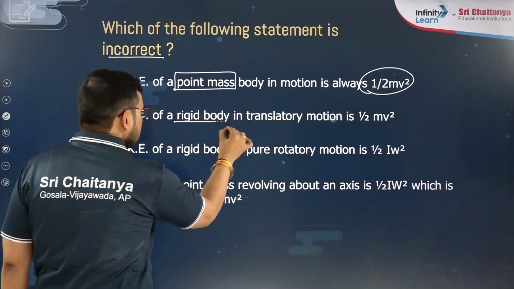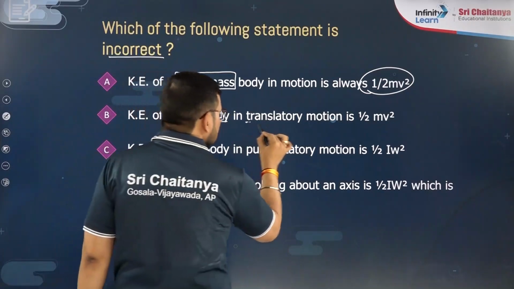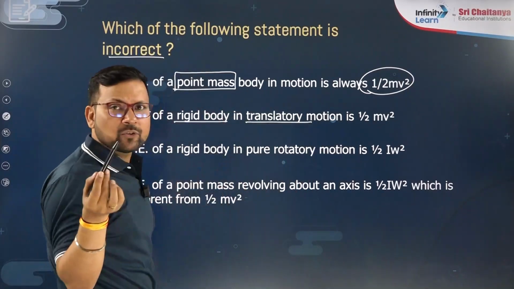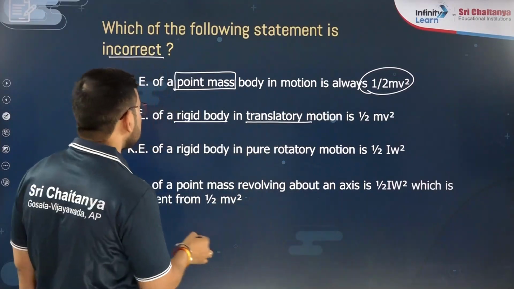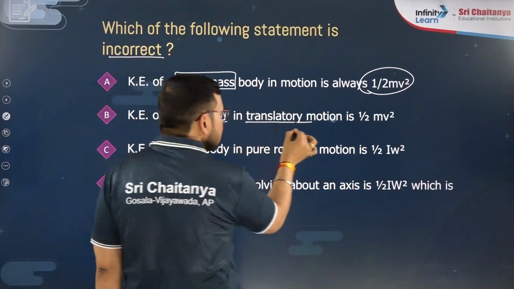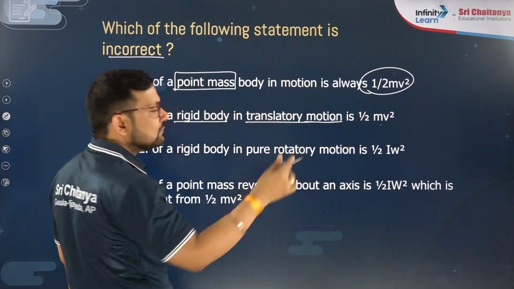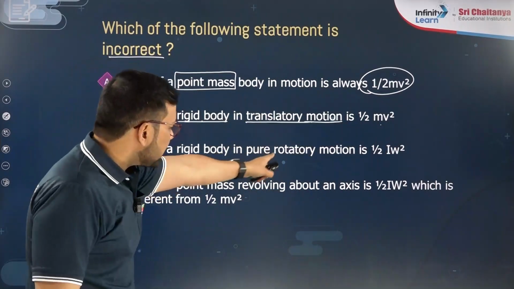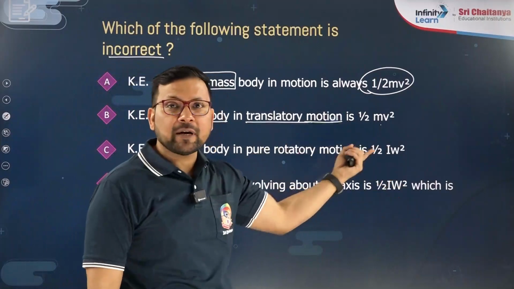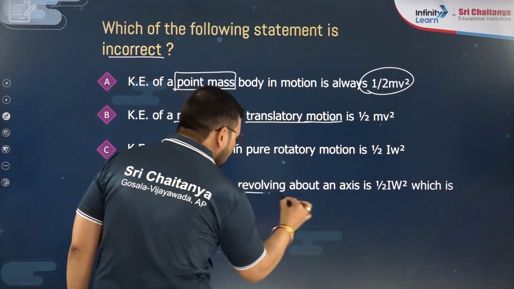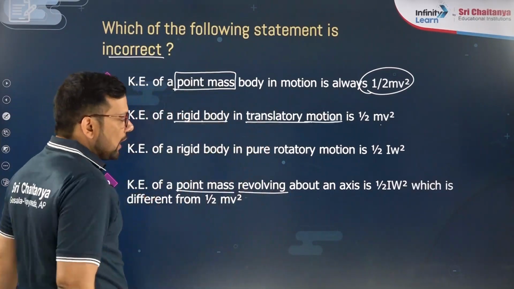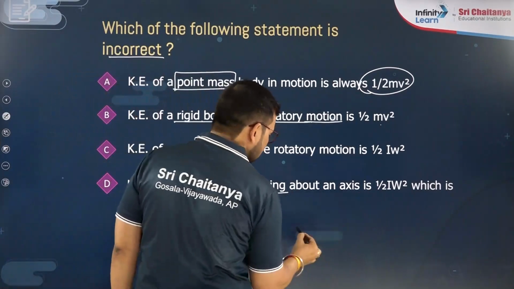For a rigid body, we studied rotation, translation, and rolling motion; translation is possible and rotation is possible, so both are possible. When a rigid body is in translatory motion, half mv square is correct. For rigid body rotatory motion, half I omega square is correct. Kinetic energy of a point mass revolving, meaning circular motion about an axis, is half I omega square.